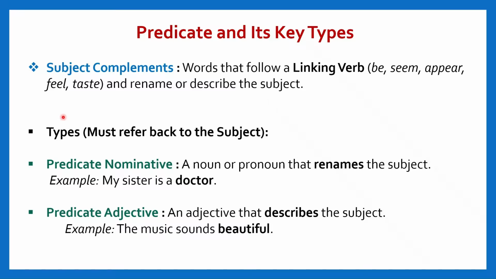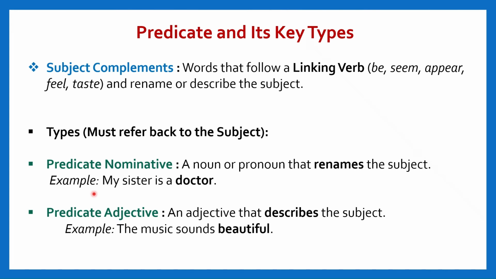We have two main types. First is predicate nominative. It is simply a noun or pronoun that appears after the linking verb. Its function is to rename or identify the subject. That is, it states what or who the subject is.